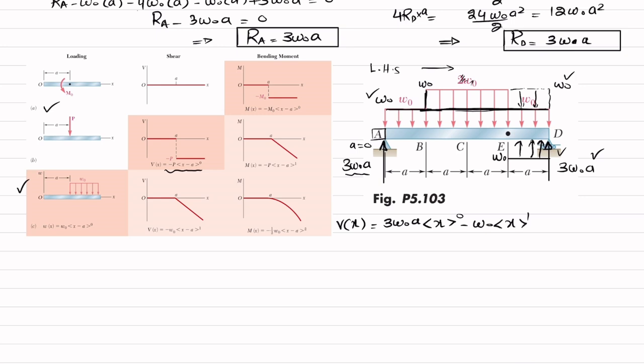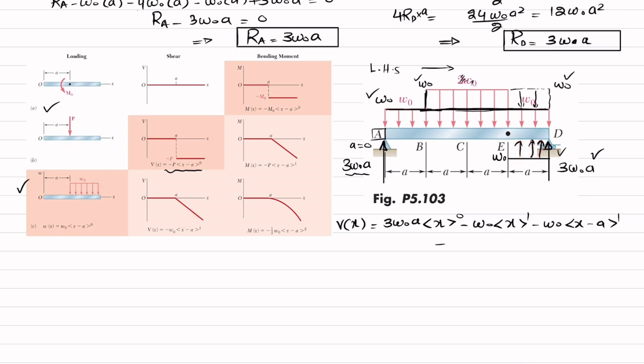Another load is this W naught which is acting. So I will write minus W naught into x minus a power 1, since this load is acting at a distance of a from point A. And the last load is this one which is upward. The downward loads are negative and this load is upward, so W naught will be positive.